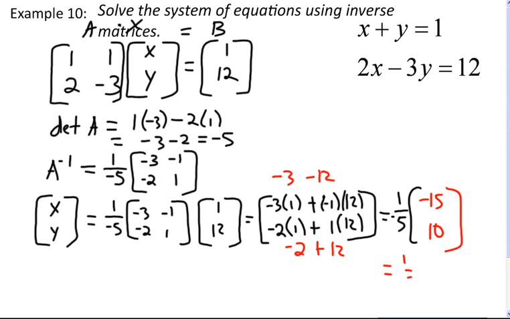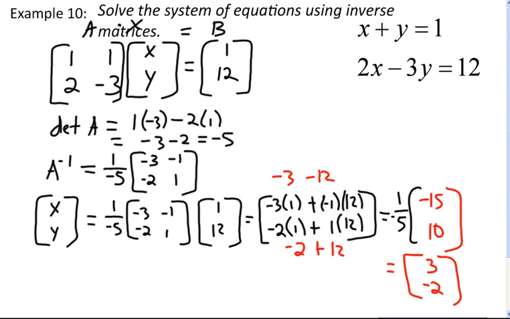Negative 1/5. Oops, excuse me. So now we're going to take negative 1/5 times each entry inside. So negative 15 divided by negative 5 is positive 3. 10 divided by negative 5 is negative 2.